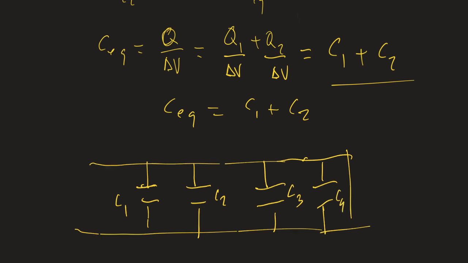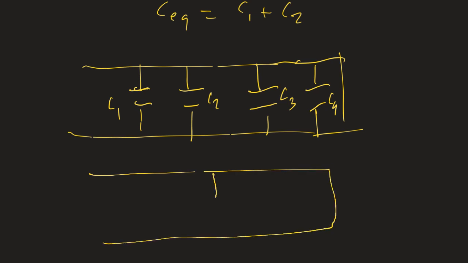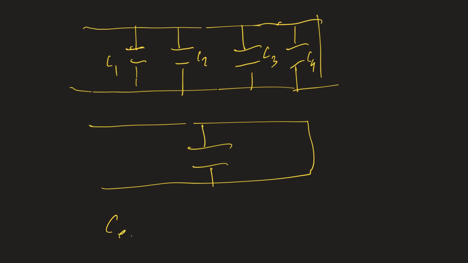What is the equivalent capacitance? It's a capacitor that has what capacitance? Well, C equivalent is C1 plus C2 plus C3 plus C4.